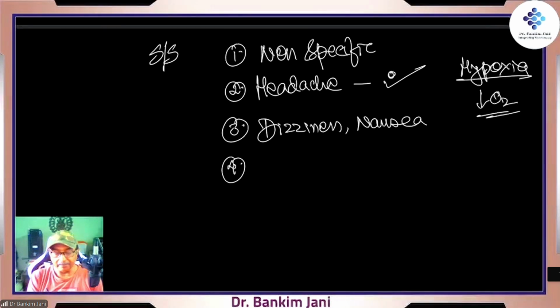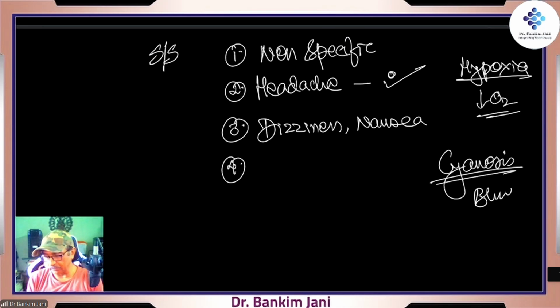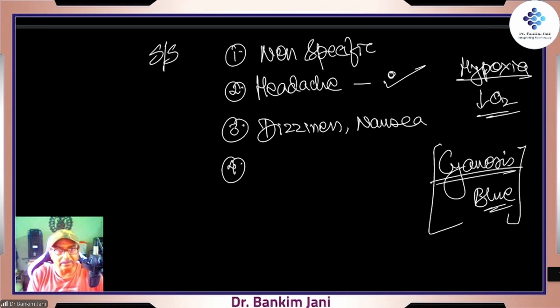So here, this is one very typical thing about the cyanosis. When we say cyanosis, it means what? Blue. Person becomes blue. Now, but here, this hemoglobin, this is carbon monoxide.